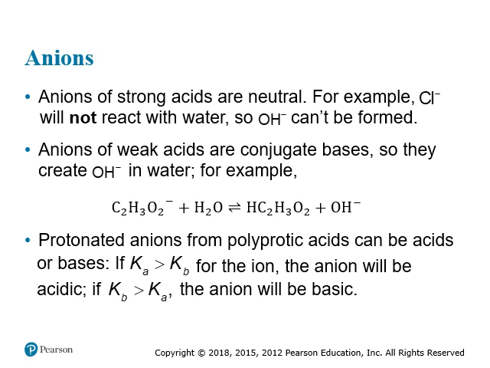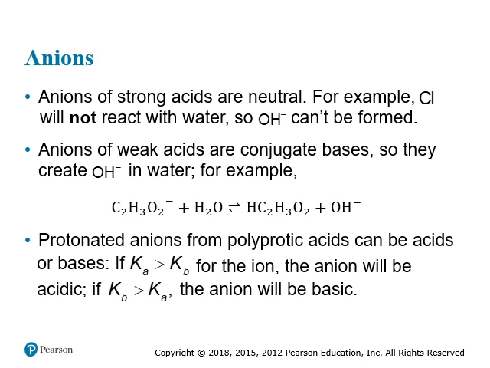Anions of weak acids tend to be conjugate bases, so they can create OH minus in water. For example, if we look at the acetate anion reacting with water, it's going to give rise to the formation of acetic acid and the hydroxide anion. So it will produce OH minus in water.